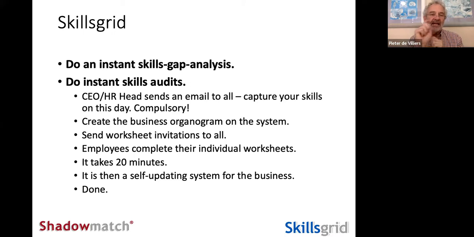To do that, click here. They go into their skills profile on the system, and they can update the system with the new skills that they have acquired during the time between when they did the Skillsgrid and the time of the reminder. And with that, the job is done. It's as simple as that.